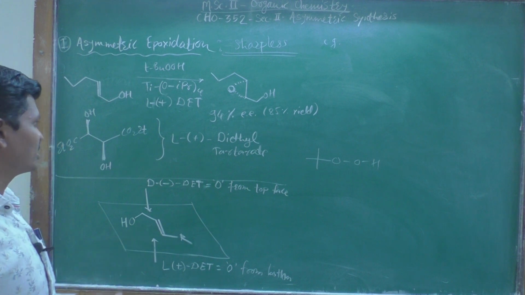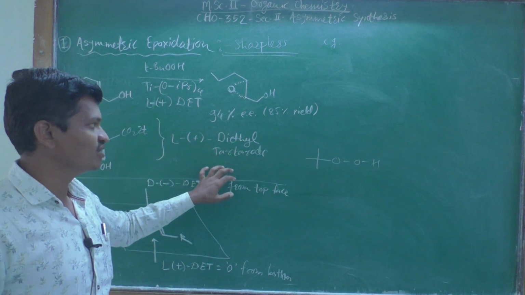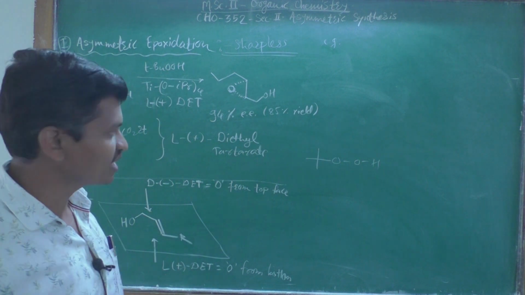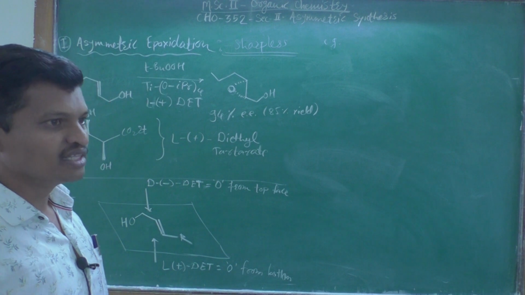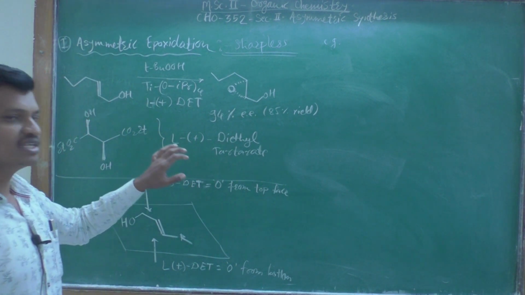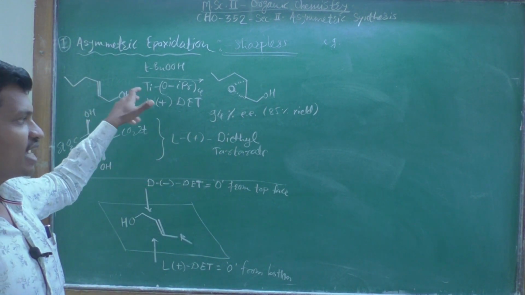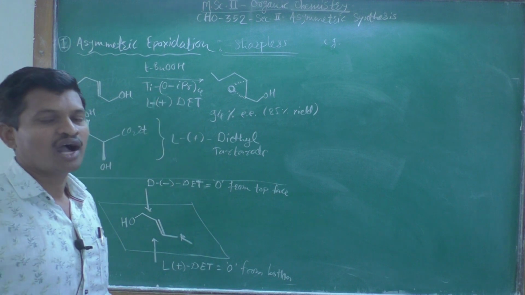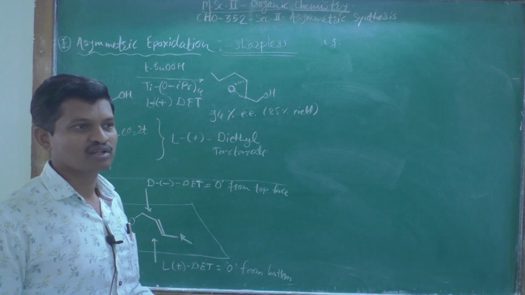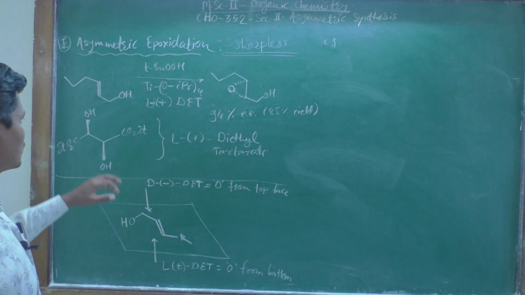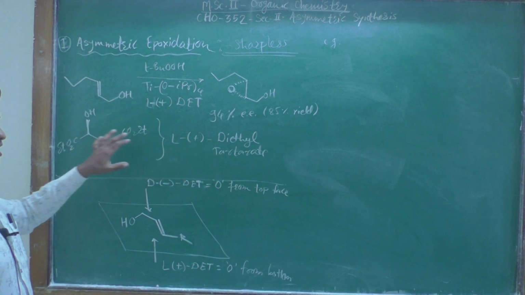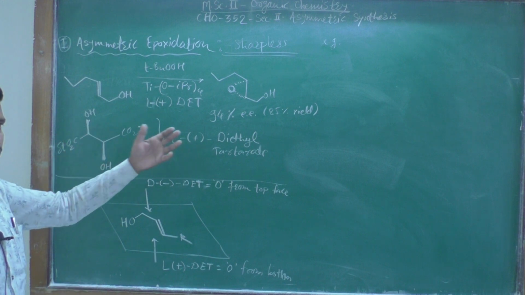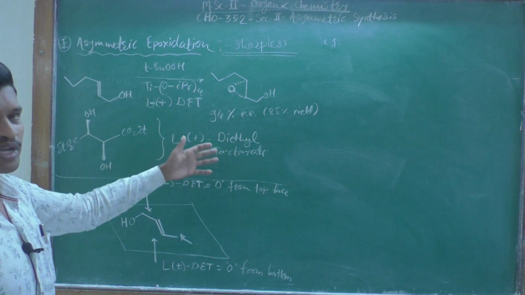What is important here? Diethyl tartarate is a chiral catalyst, and due to this chiral catalyst the reaction gives high enantiomeric excess of the resulting epoxide. This is the structure of L plus diethyl tartarate, the diester of tartaric acid.